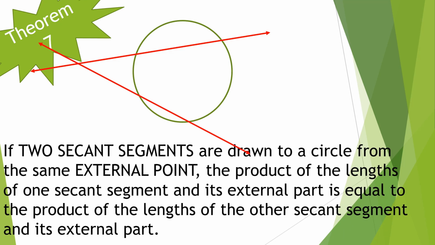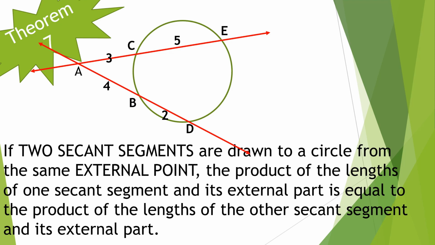If two secant segments are drawn to a circle from the same external point, we have here external point A, the product of the lengths of one secant segment and its external part is equal to the product of the lengths of the other secant segment and its external part.